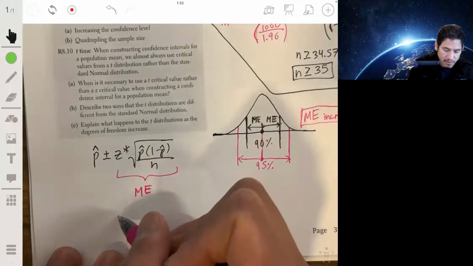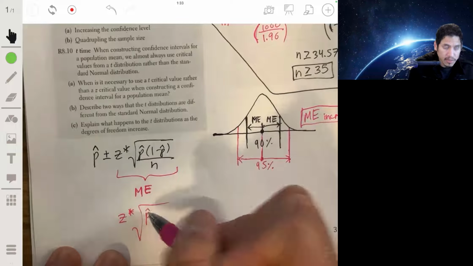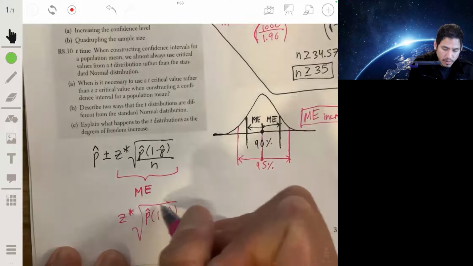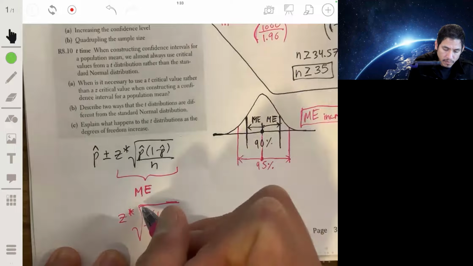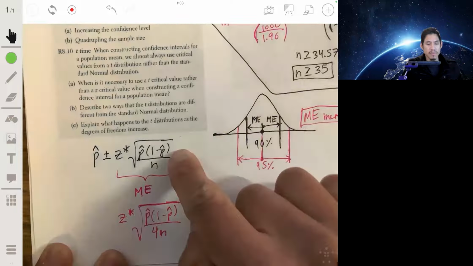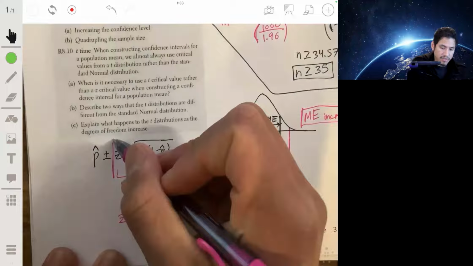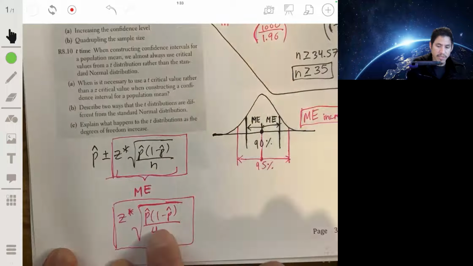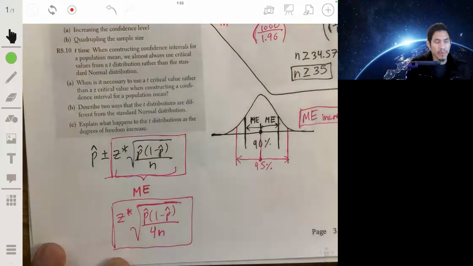So let's see what happens when we have z star times the square root of p hat times 1 minus p hat over 4n. So how do these two things compare? How does this margin of error compare with this margin of error? The only thing we changed was the sample size. We quadrupled it.